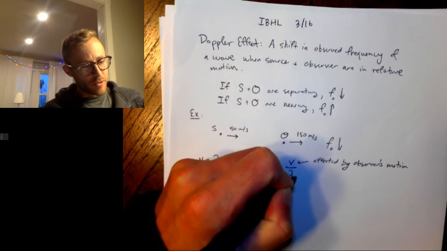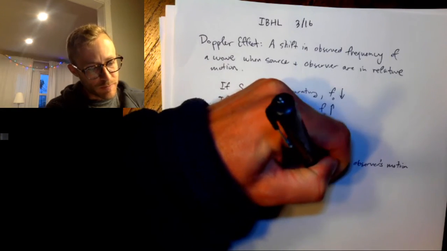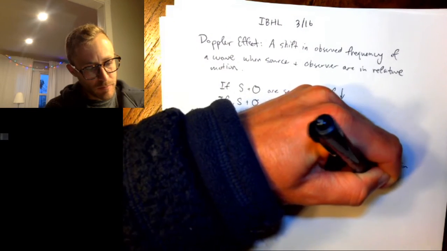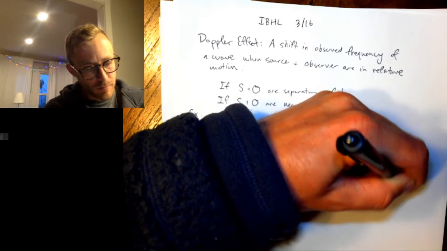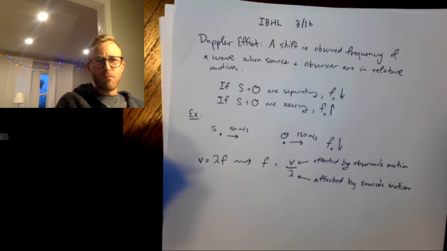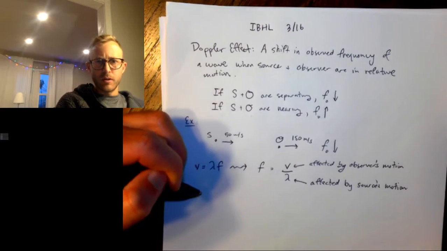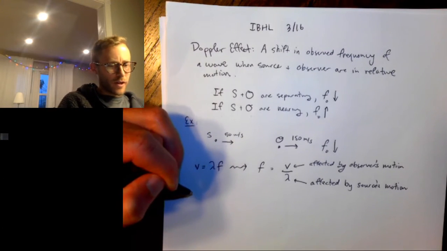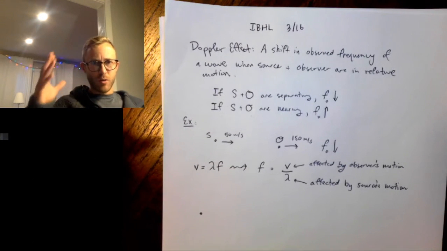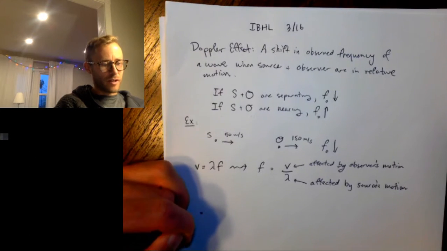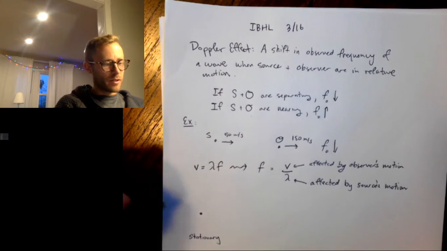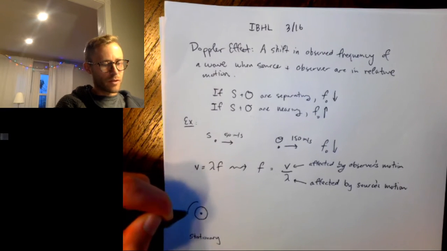The wavelength is affected by the source's motion. If this is the source of a wave and it's emitting waves and the source is stationary, then the waves that come out are just going to be concentric circles.